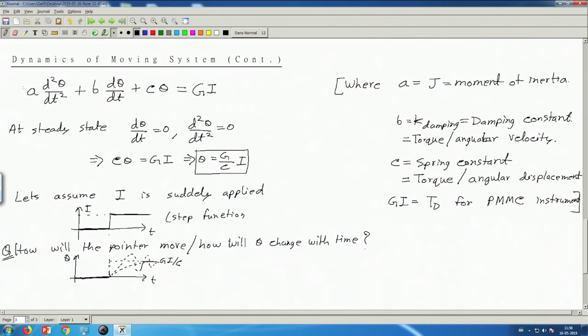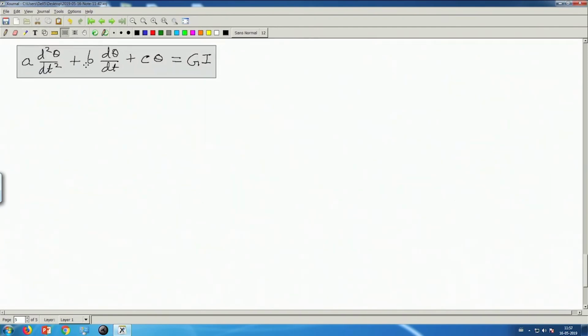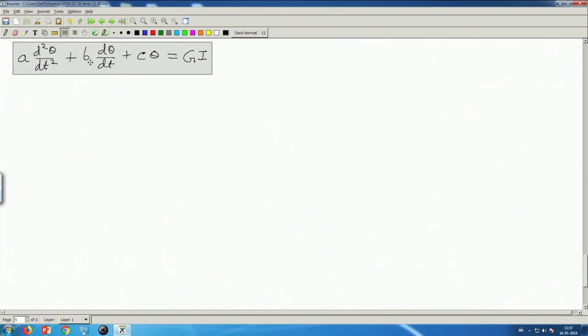So, for that we have to solve this differential equation, and you can solve this differential equation in many ways. So, I will adopt a simple way here. So, this is the differential equation we want to solve. Okay. So, for simplicity of solution, I will first call theta f, which is the final value of theta, which we know is given as follows. The final value will be given by the condition when these two terms are 0.